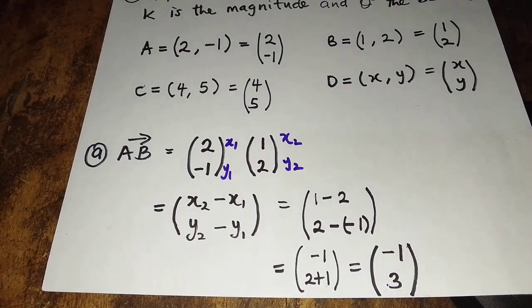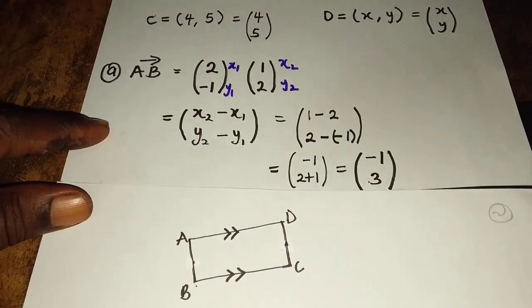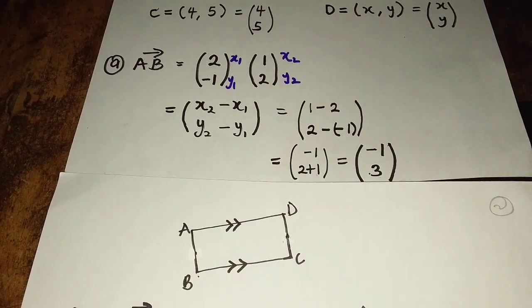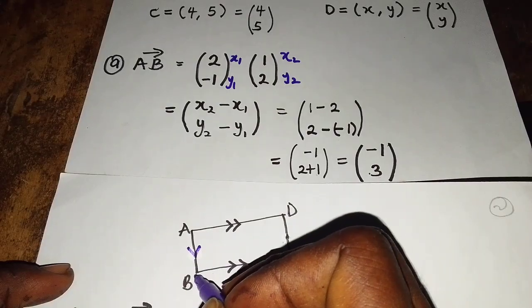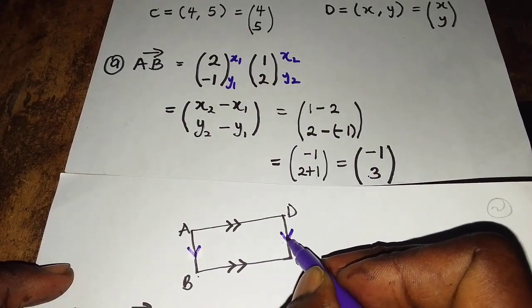Now, from the information in the question, we were told that ABCD is a parallelogram, and that AB is parallel to DC.